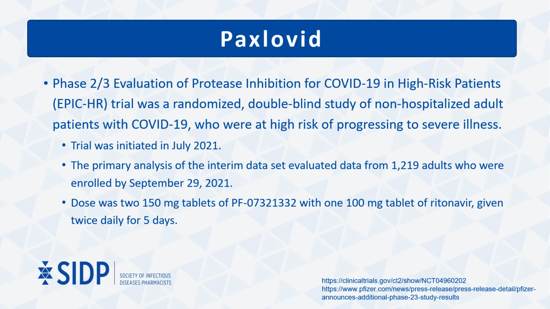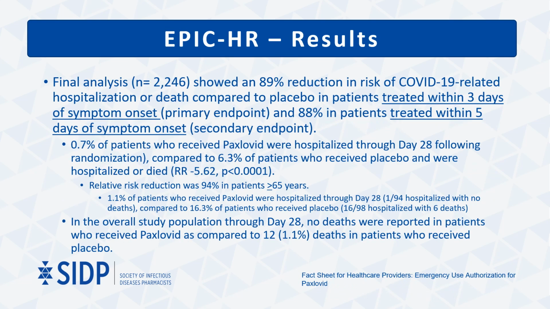This trial was initiated in July of 2021, so at that point in time, there were likely to be alpha and delta type variants. The primary analysis of the interim data was set to be evaluated following the enrollment of roughly 1,200 adults, and these were enrolled by September 29th. The medications were given together twice daily for 5 days.